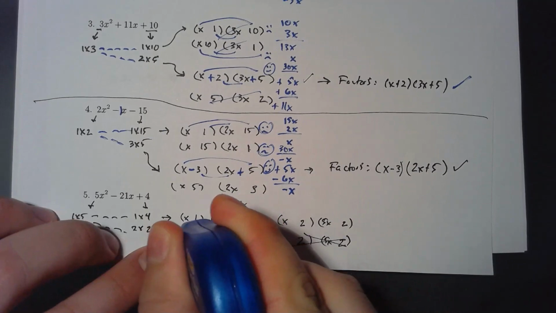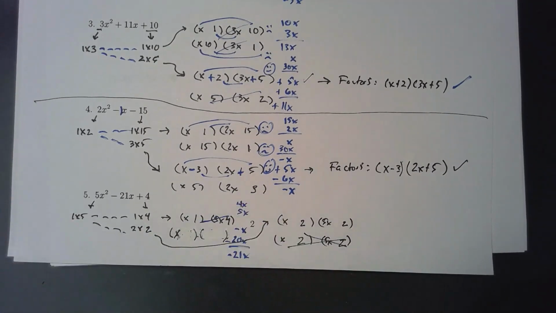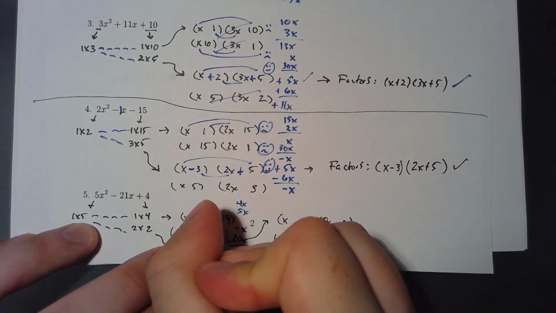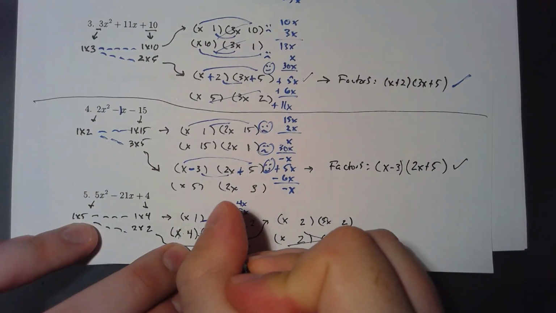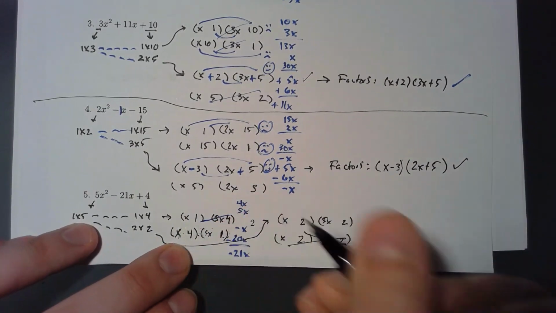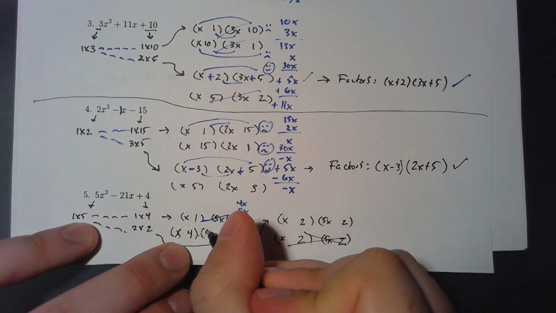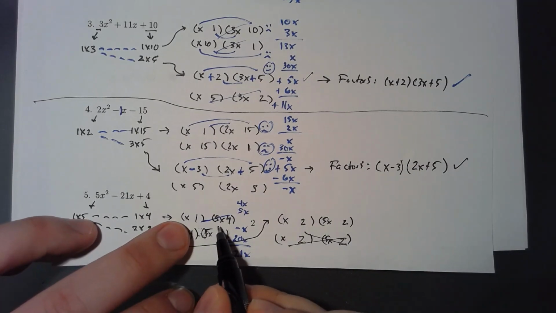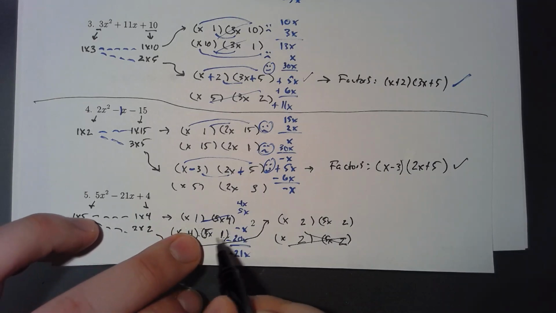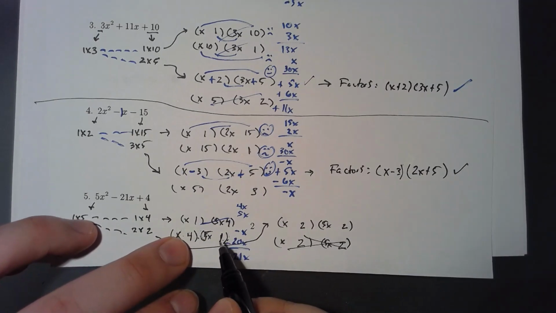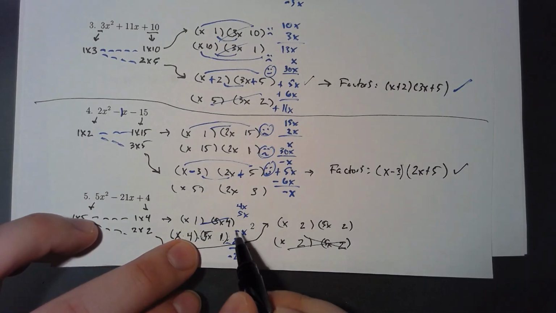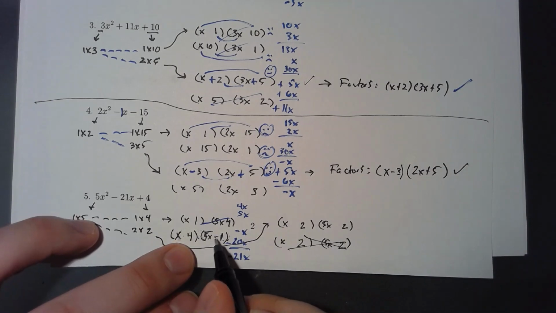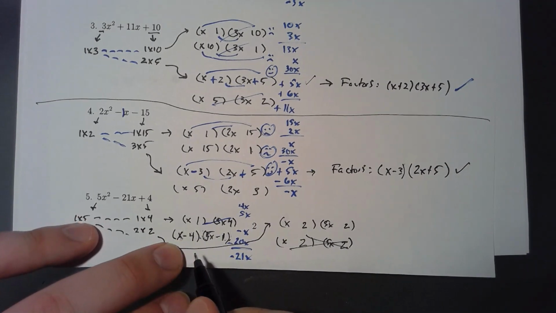I goofed again. That should be a 4. And that should be a 1. There we go. And that's 5x. Okay, so x, 5x, 1, 4, x, 5x, 4, 1. Okay, so the outside here is x. 4 times 5 is 20. If they add together give me negative 21, they would both have to be negative. Negative, negative. Okay.